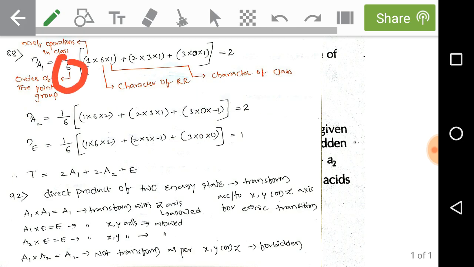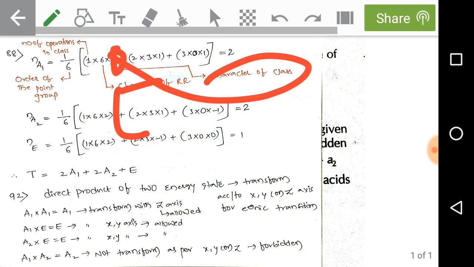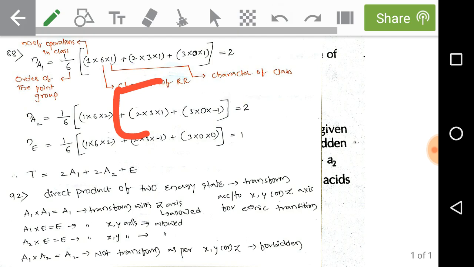So that equals 1 by 6 into, here the 1 indicates with respect to E symmetry operation, how many times it is operated? Only one time, that's why 1, into 6, indicating the character of the reducible representation we have given under E as 6. So 1 into 6 into the other one, indicating the character of that particular A1 class, that means under E with respect to A1 Mullikan symbol, that is given as 1 in the character table.